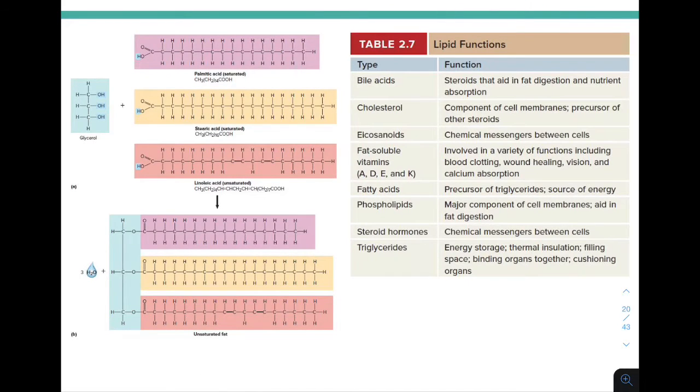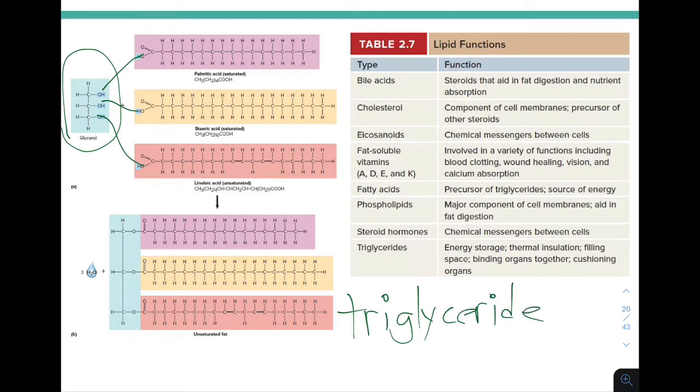Lipids are made of one piece here called glycerol that is stuck to three, usually, sometimes two, but usually three different tails, three different fatty acids. Those fatty acids and glycerol together make something called a triglyceride.